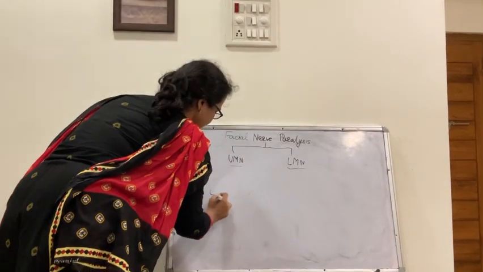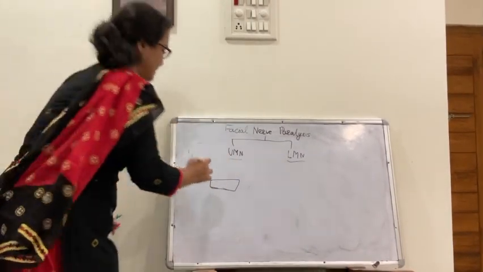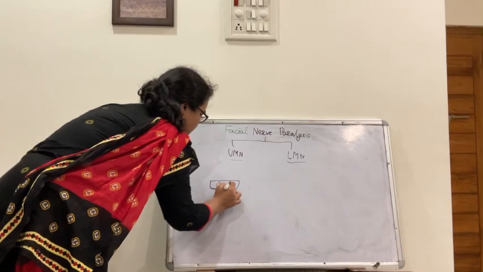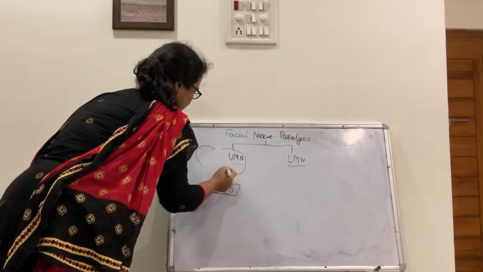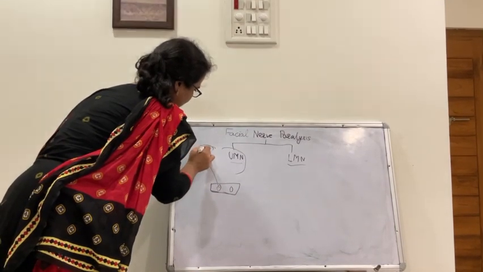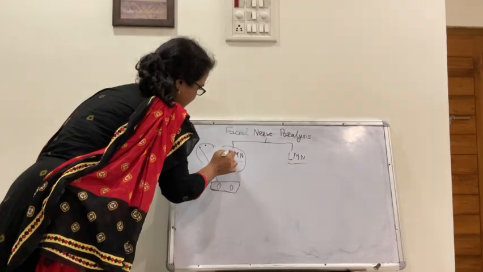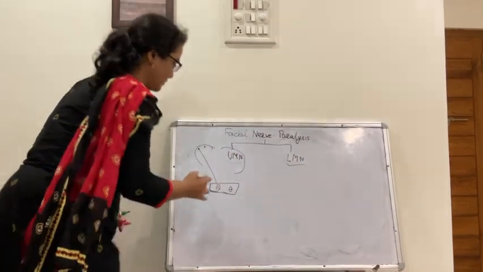Suppose this is the pontomedullary junction where the facial nerve nuclei are present, and this is the cerebral cortex. From this cerebrum, these fibers, the corticonuclear fibers, which control the facial nerve nuclei, are arising. So this is a facial nerve nucleus.